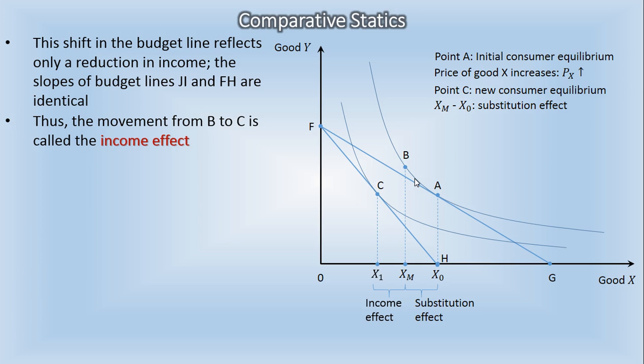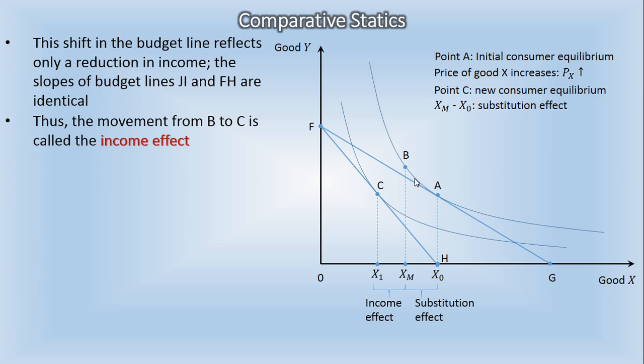And so, therefore, from B to C, she consumes less of Y and less of X. And so, the difference between XM and X1 is the income effect of the increase in the price of the good.